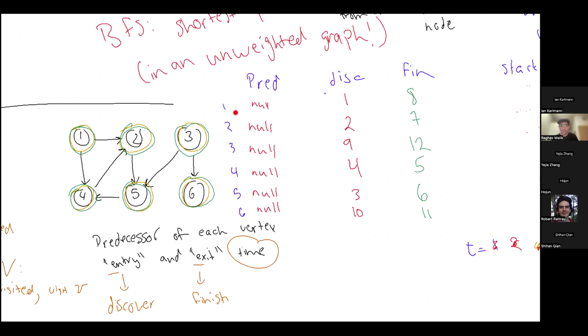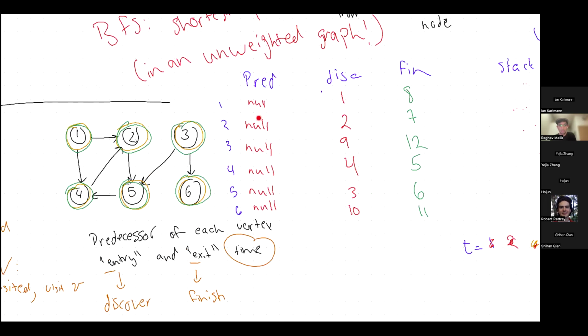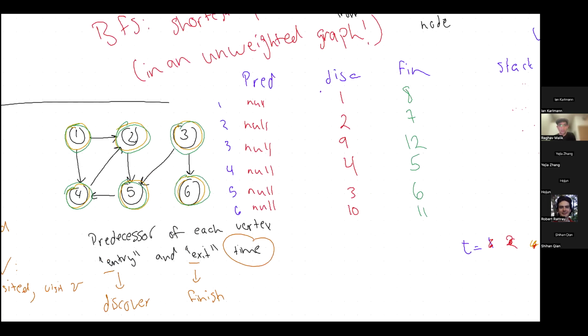So 1, the predecessor is null. 2, the predecessor was 1. 3, the predecessor was null. 4, the predecessor was 5. 5, the predecessor was 2. 6, the predecessor was 3, right?